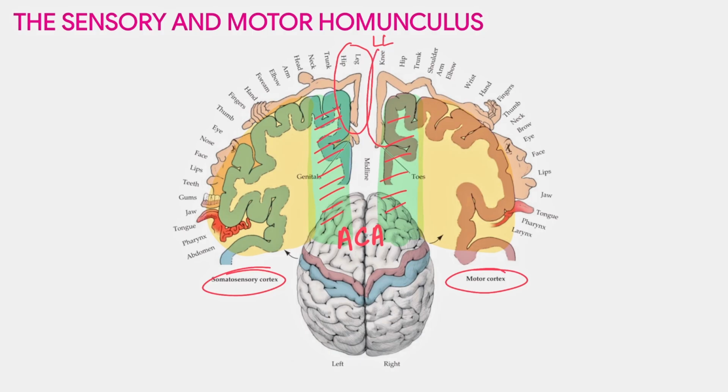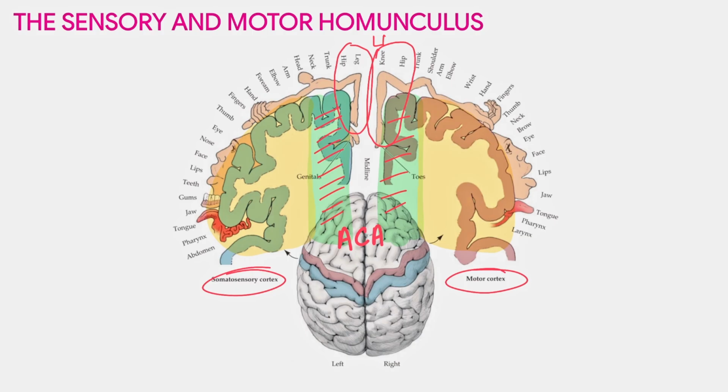And even the same when it comes to the motor homunculus. So by this knowledge, if a patient has an anterior cerebral artery stroke, he'll have loss of sensation from the lower limb predominantly, and also weakness in the lower limb predominantly.